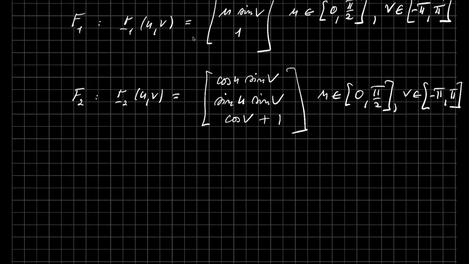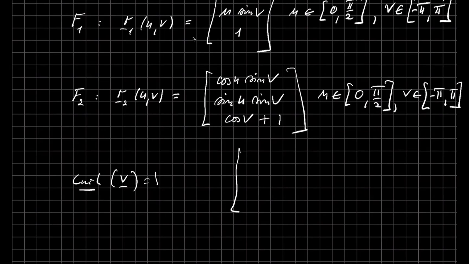Let's see how that looks. In order to use Stokes' theorem to calculate the circulation along K, we need the curl of V. So you have the V vector field.